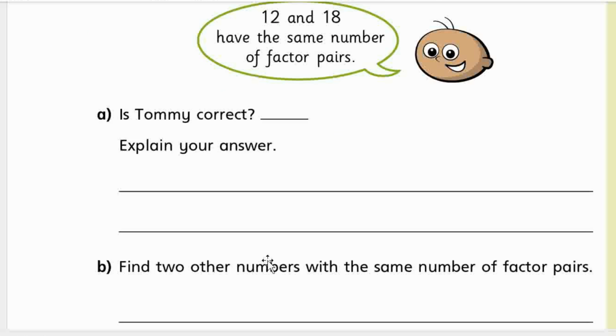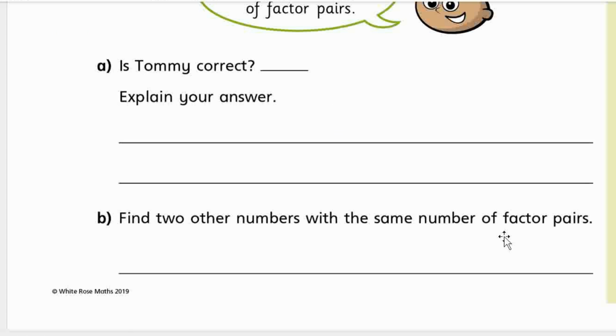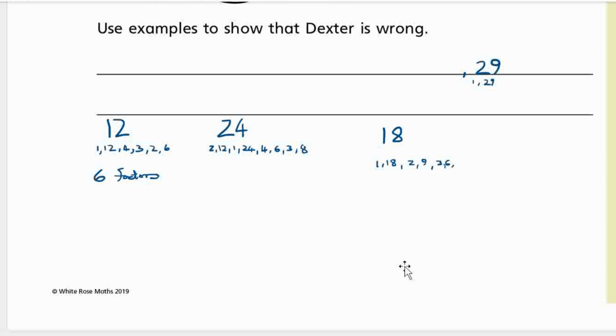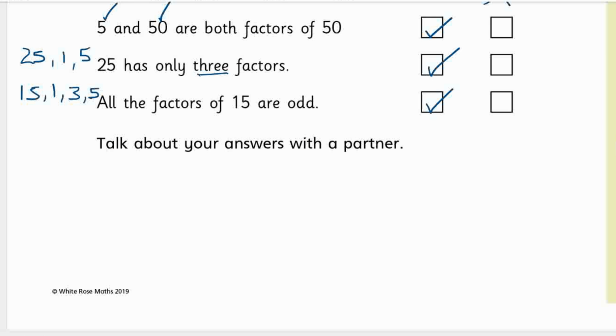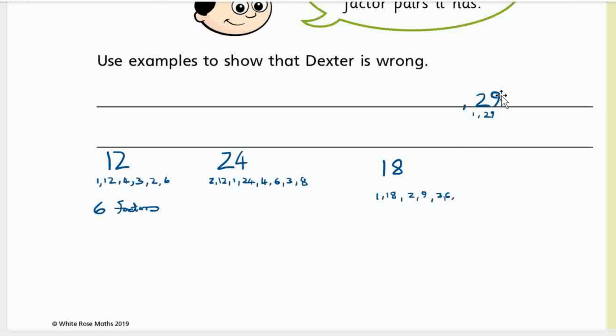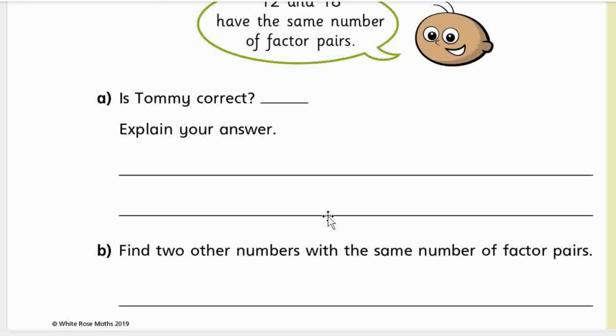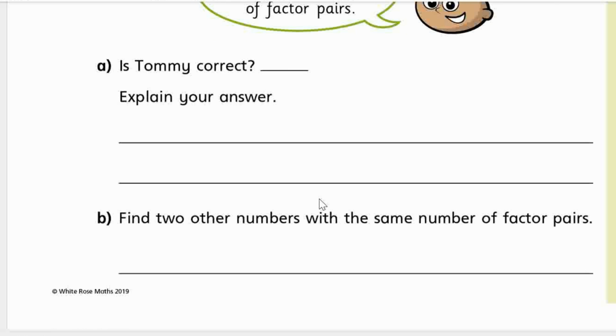Okay. Find two numbers with the same number of factor pairs. So what you can do, as I mentioned before, which makes it very easy, is you just look for two prime numbers. So we've got 29 and 7, because they will both have two factors. That's the easiest way of doing this, if you just choose two prime numbers. So you can have 3 and 7.